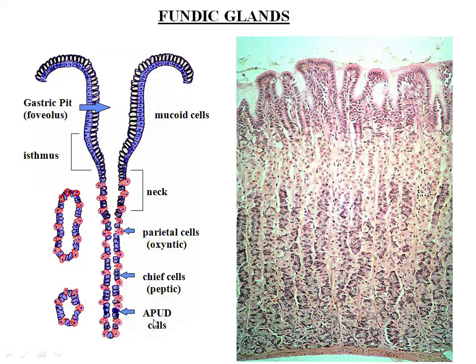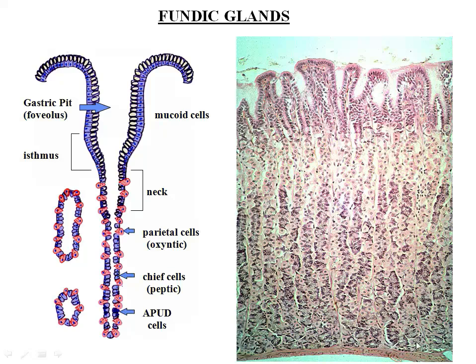If you compare this diagrammatic presentation, this portion is a gastric pit, the area lined with mucoid cells. If you trace any single gland here, you will find three different coloration patterns. There are dark colored cells and light colored cells, so these two different colors indicate two different types of cells. The light ones could be parietal cells, and the dark colored ones could be chief cells.